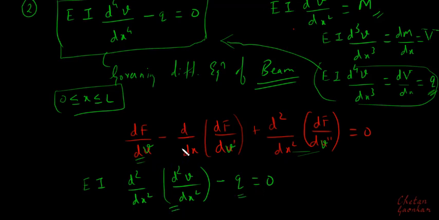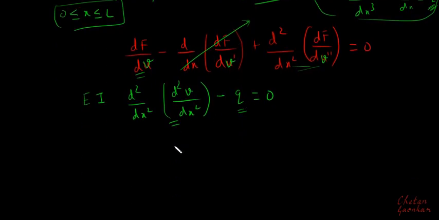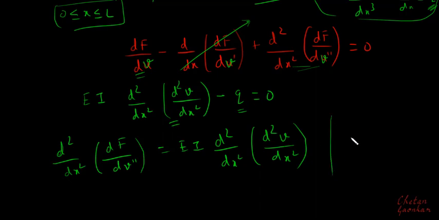That means this term, d by dx of df by dv dash, will not be used here. We can neglect this. Then comparing these two equations, we get d square by dx square of df by dv double dash is equal to d square by dx square of EI d square v by dx square, right? And then we also get the second equation, df by dv is equal to minus q.